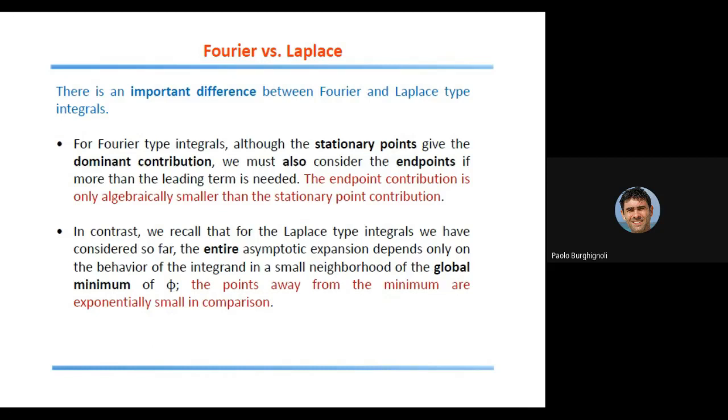In contrast, Laplace-type integrals have the advantage that you will get the entire asymptotic expansion from the behavior in a neighborhood of the minimum of your exponential function. So you don't need to care about endpoints.